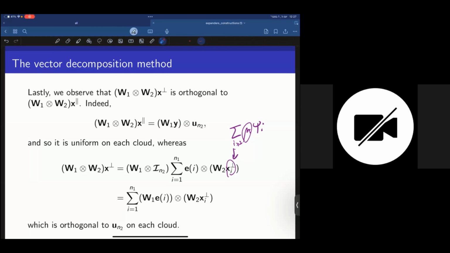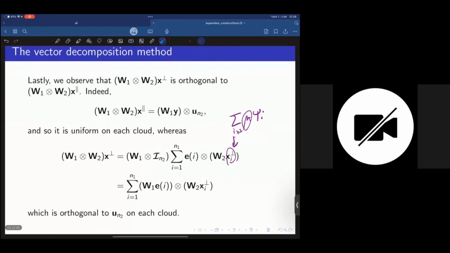So this still remains orthogonal to the all ones vector, and that's also the case because it's just different blocks. And this operator doesn't do anything to the second register, it's just I. So you remain perpendicular to the all ones vector in every cloud, and definitely in general, so you're orthogonal to this vector, to this vector.